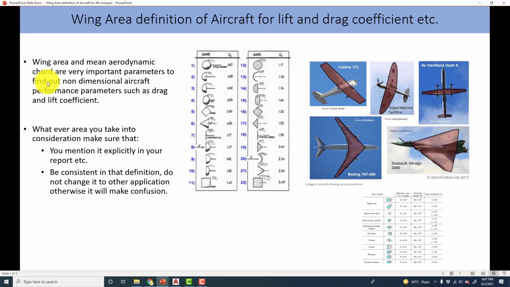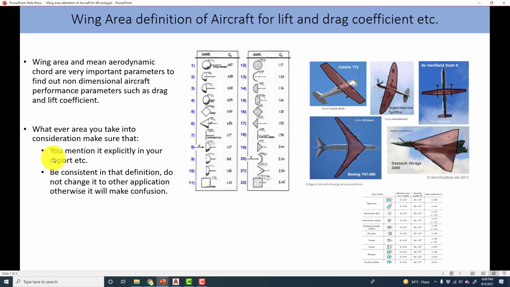So the first important point is that for the aircraft we are going to use the projection area on the plane. That is, let's say you make a plane passing through the whole aircraft, so the projection of this wing would be the projection area, and that area will be used as the reference area. But whatever you are going to do, there are two very important points.